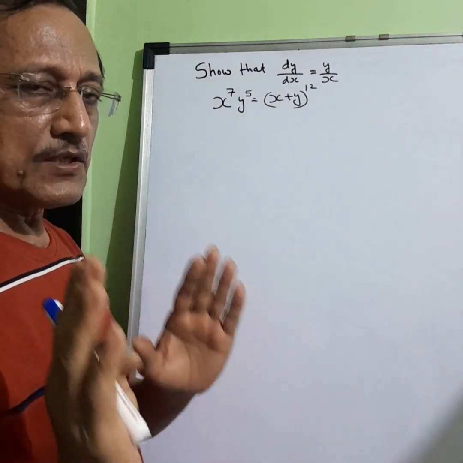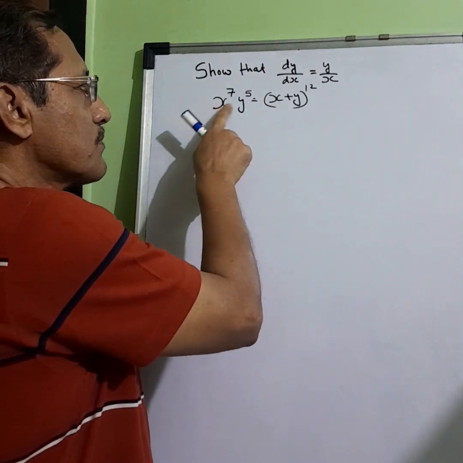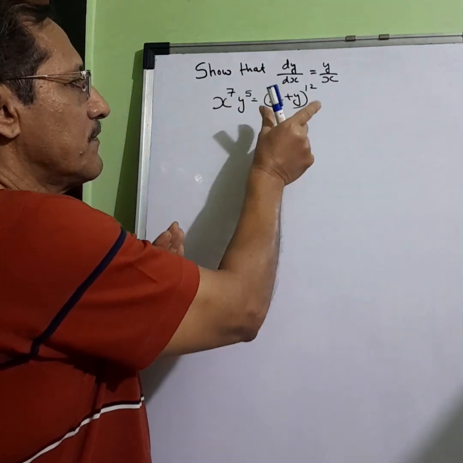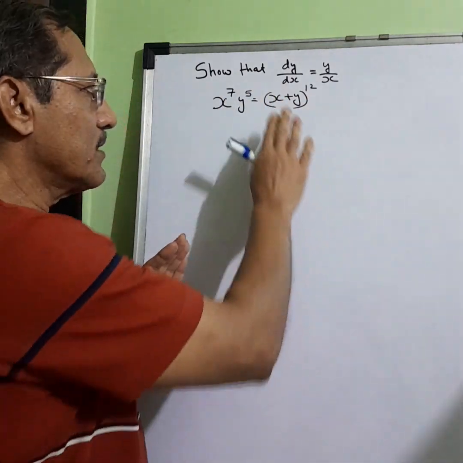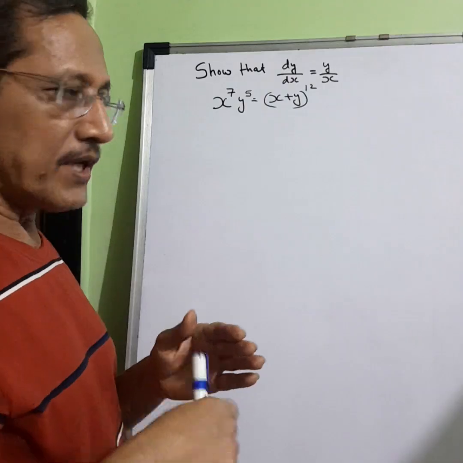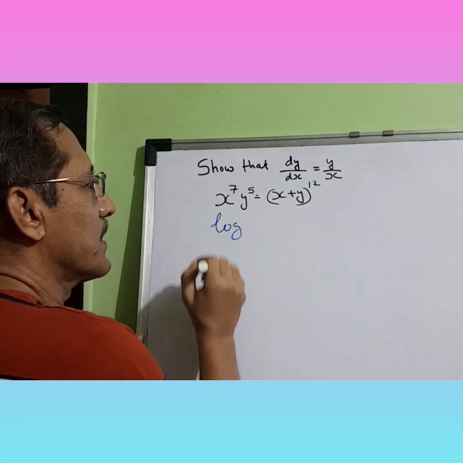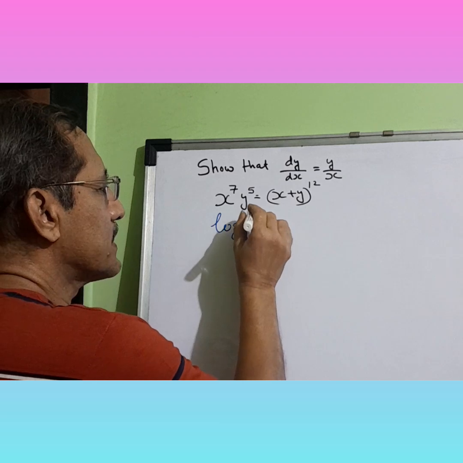The rule you should know is that this is multiplication, so when log enters into multiplication, it becomes plus, whereas this is already plus, so we can't do anything over here. So let's understand what I'm trying to express. I put log over here: log x raised to 7.